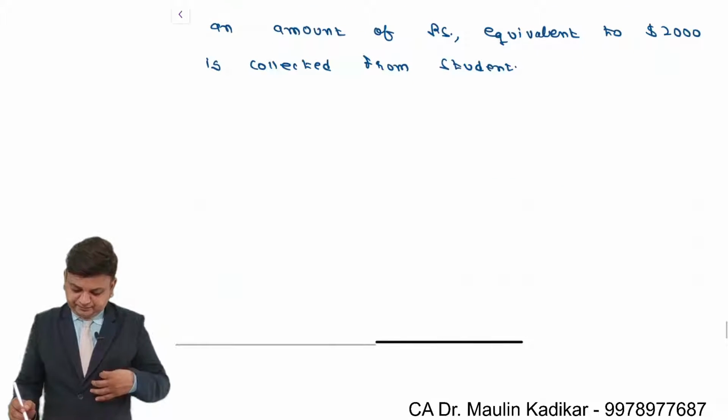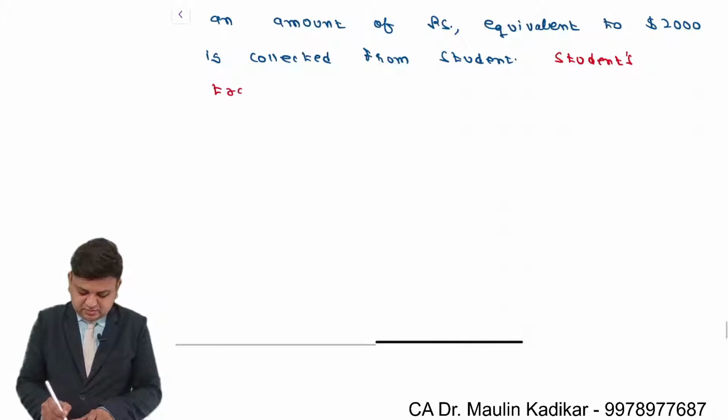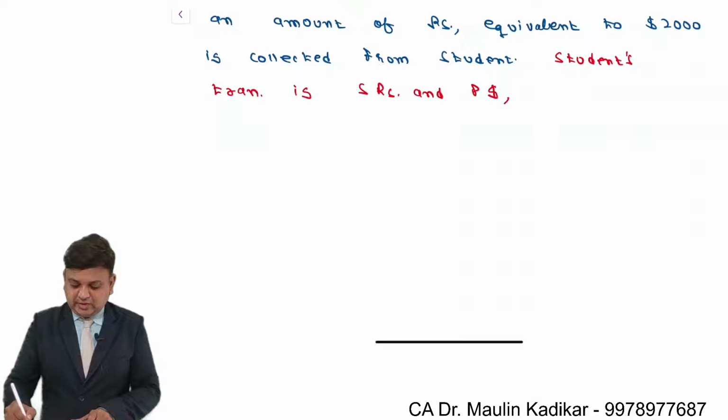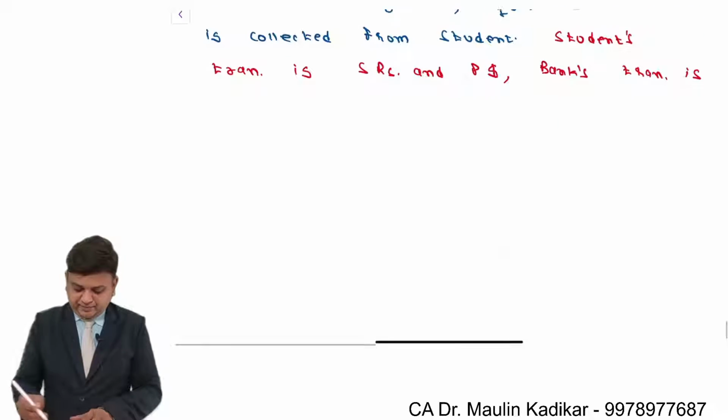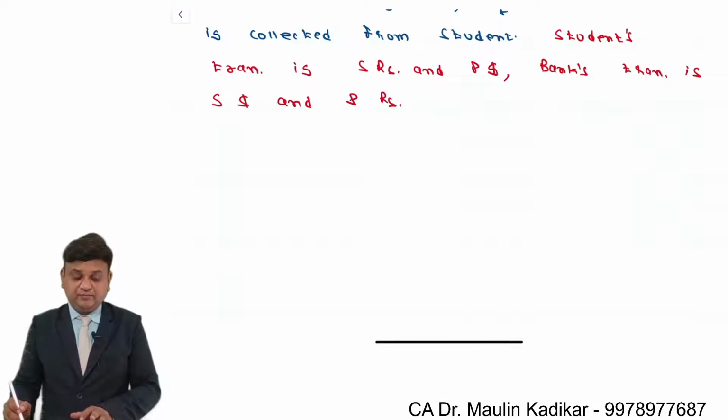Full stop. Student's transaction is sell rupees and purchase dollar, comma, bank's transaction is sell dollar and purchase rupees. Full stop.